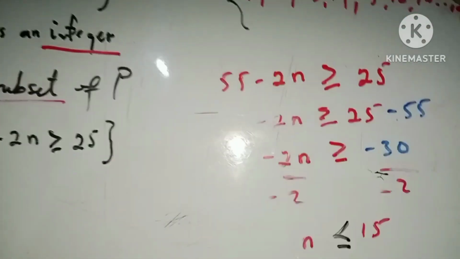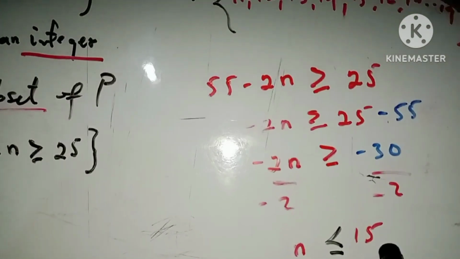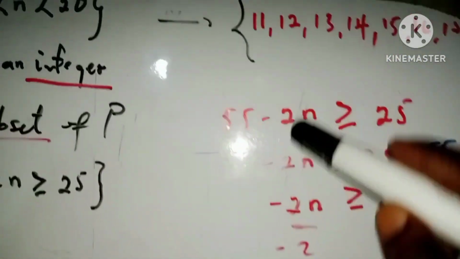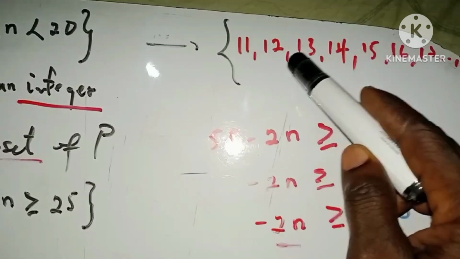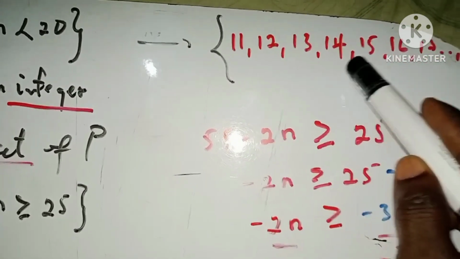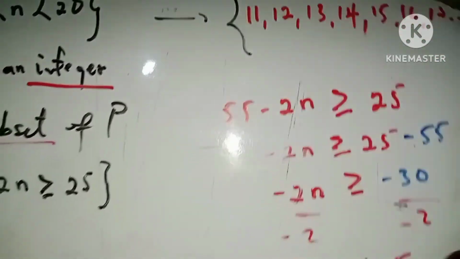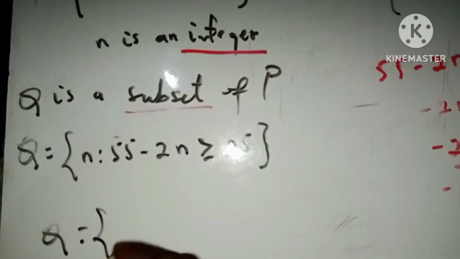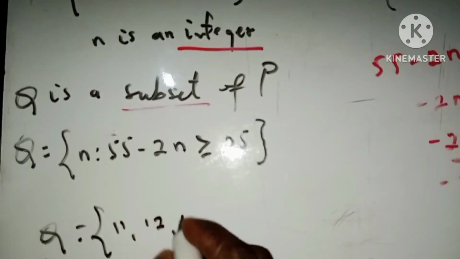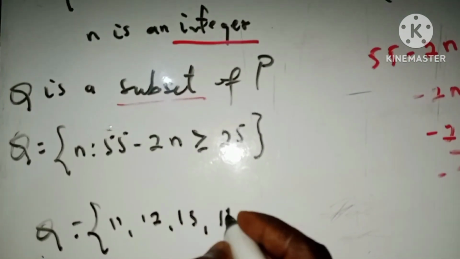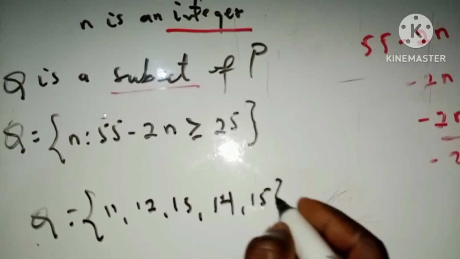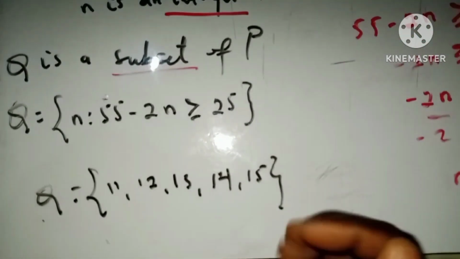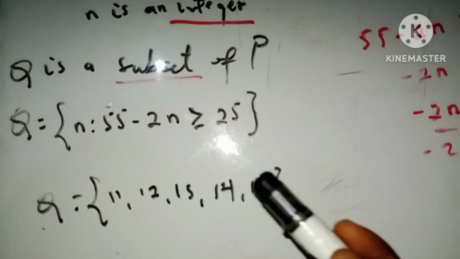So if n is less than or equal to 15, then we are going to have 11, 12, 13, 14, and then 15, right? To be the members of q, right? So q here is going to be what? 11, 12, 13, 14, and then 15, up to 15. Does it make sense? Right? So these are the values for the q here, right?